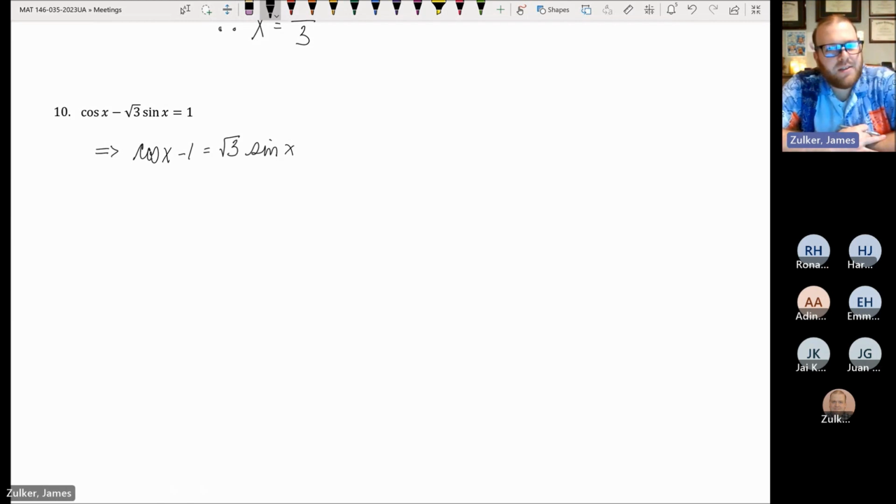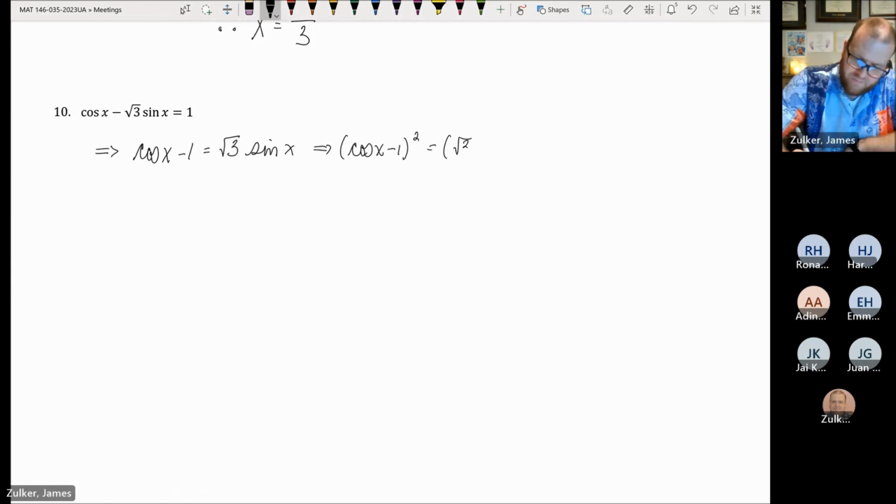Let's write this as cosine of x minus 1 equal to root 3 times sine of x. Then proceed how we did before. Square both sides.